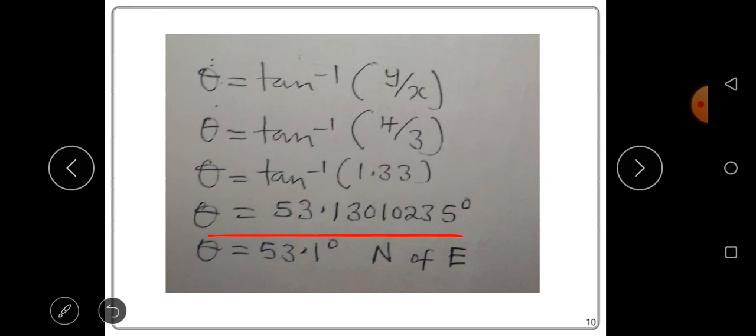So this becomes the answer because the vector is in the first quadrant. So we can now write this answer into three significant figures. The direction is 53.1 degrees north of east.